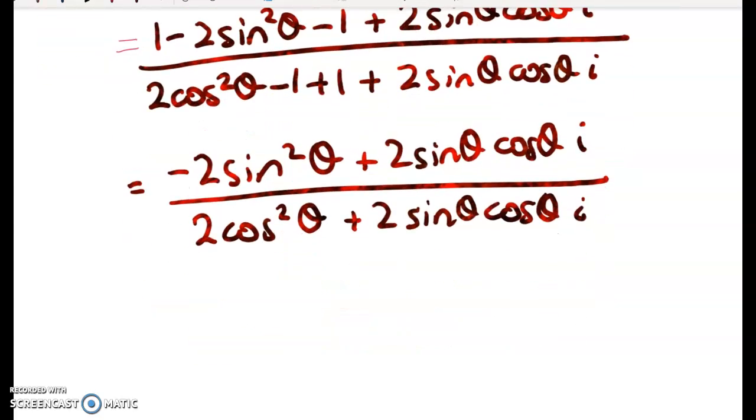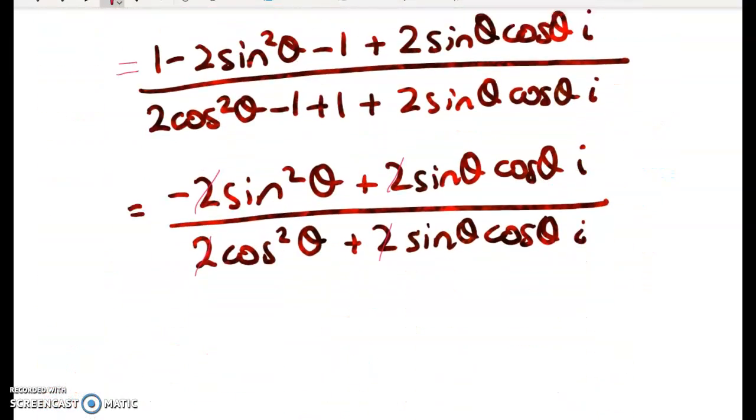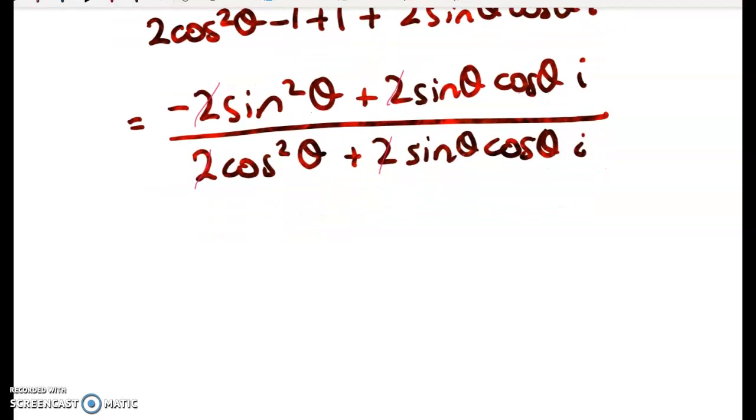So we can divide through by 2 everywhere in there, and I'm going to do that now. So let's just get rid of those. And then if you look at where we're trying to go, we want to end up with i tan theta. So the obvious thing to do now is just to factorize easily what we can in each line. So you can see we've got a common factor here of sine theta, and we've got a common factor here of cos theta. So we're looking pretty good.